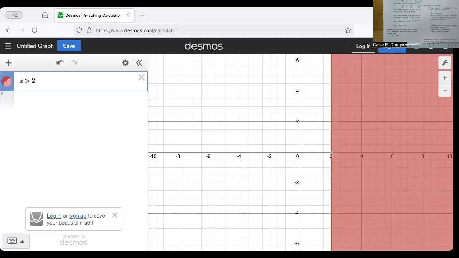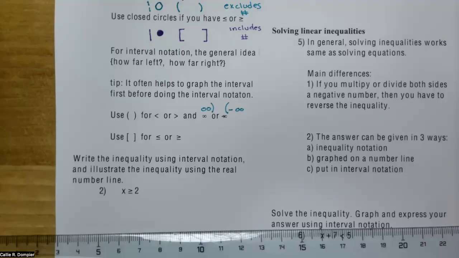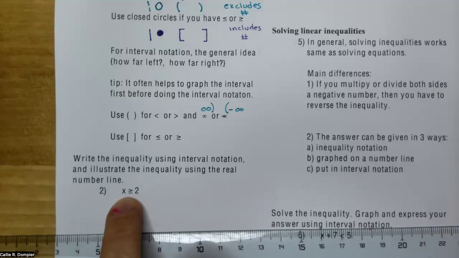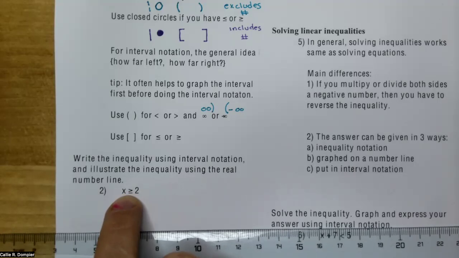You can see how that showed up as a red line right at the 2, and then everything is filled in greater than 2 or to the right of 2. That means that the answer is any number that is 2 or that is bigger than 2. So that's a way to check your answer using a graphing calculator. X is any number bigger than 2, and x is equal to 2.